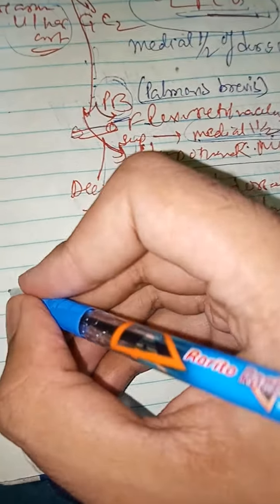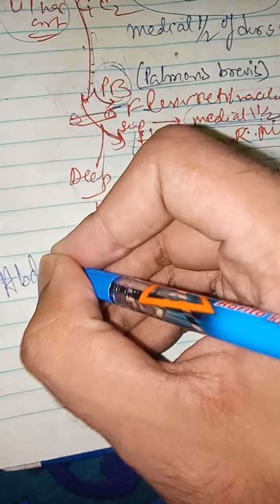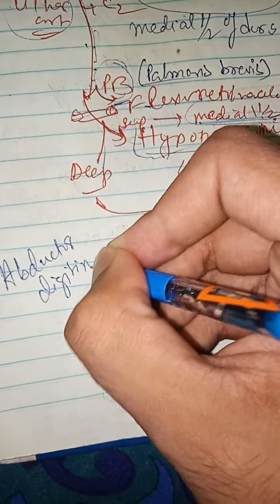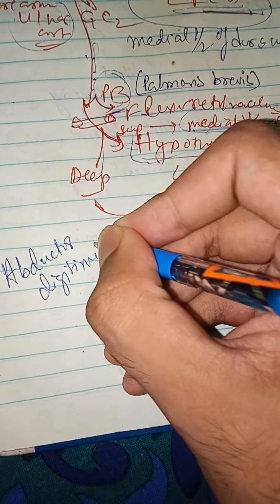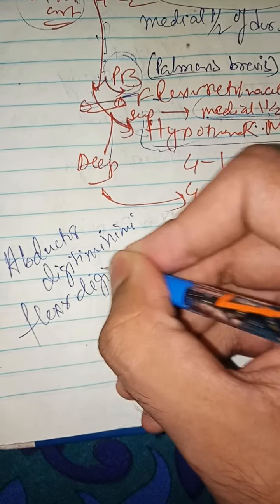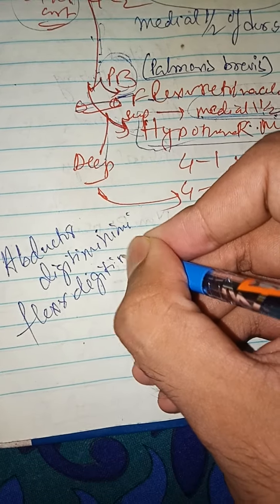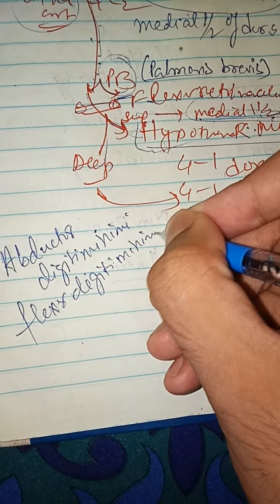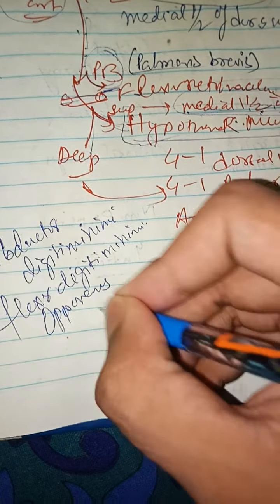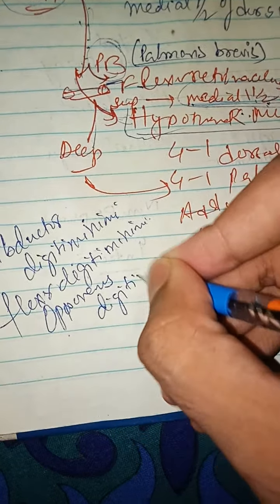Now the hypothenar muscles are abductor digiti minimi, flexor digiti minimi, and opponens digiti minimi.